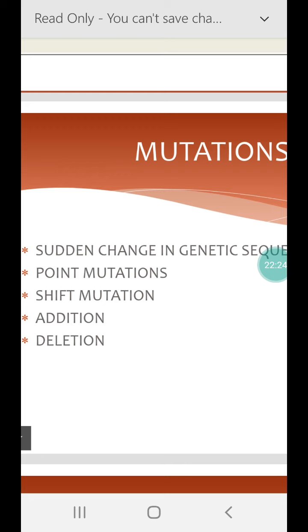These different types of mutation in the genetic code can lead to change in characteristics, genetic disorders, or chromosomal abnormalities. So the genetic code is universal and plays a very important role. Any change in the genetic code of an individual leads to abnormal conditions.